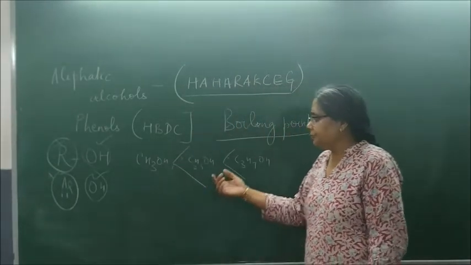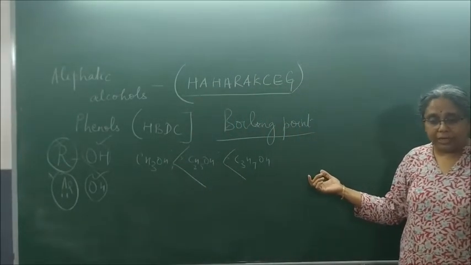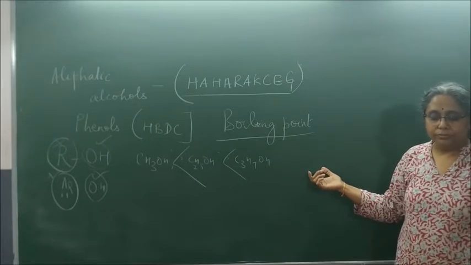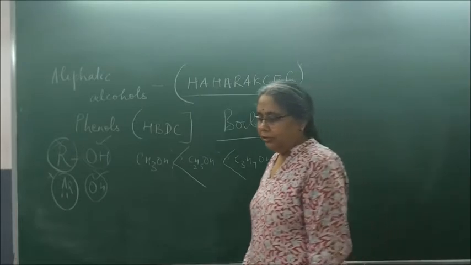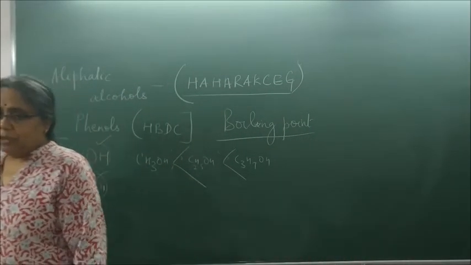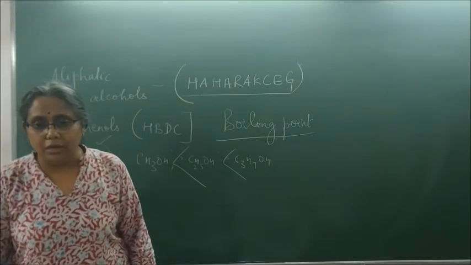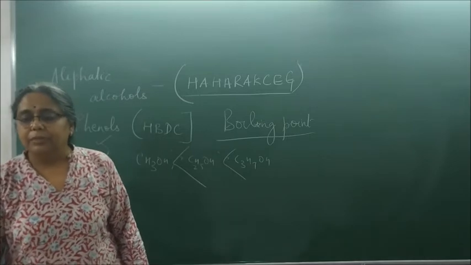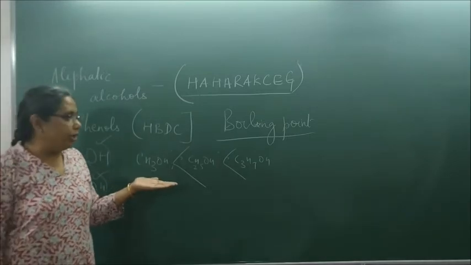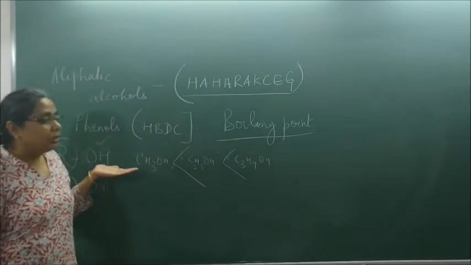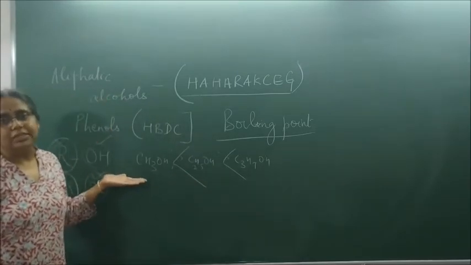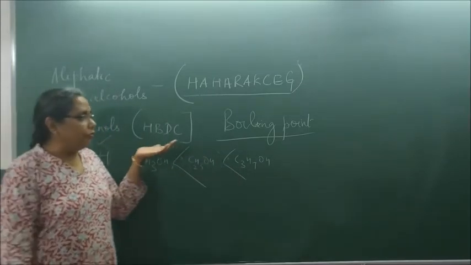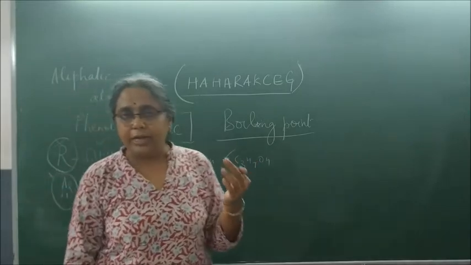So please write, this is because of increase in van der Waals forces. Is it clear now? So the first point: the boiling point of alcohol increases with increase in number of carbon atoms. This happens because of increase in van der Waals forces of attraction.